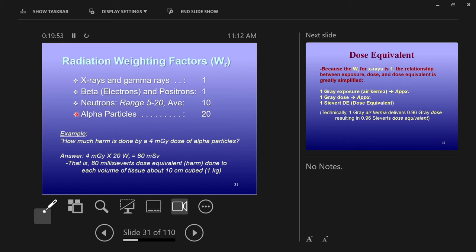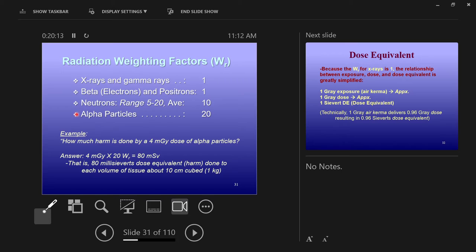Alpha has a radiation weighting factor of 20. X-rays is 1. Okay? So to get this, you take the unit in gray, multiply it by whatever that number is, the radiation weighting factor, and you get the answer in sieverts.